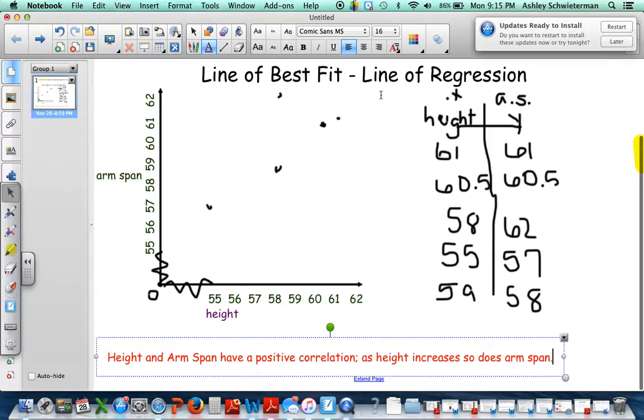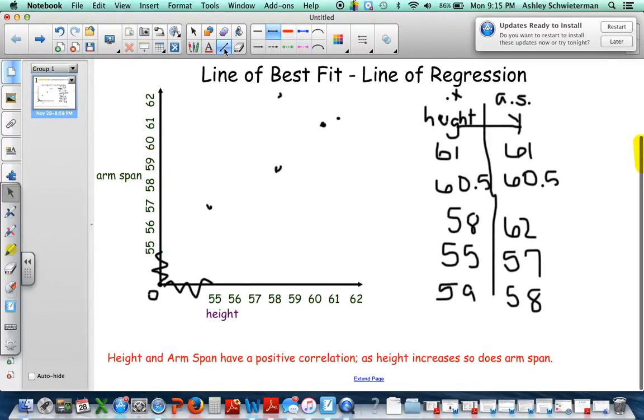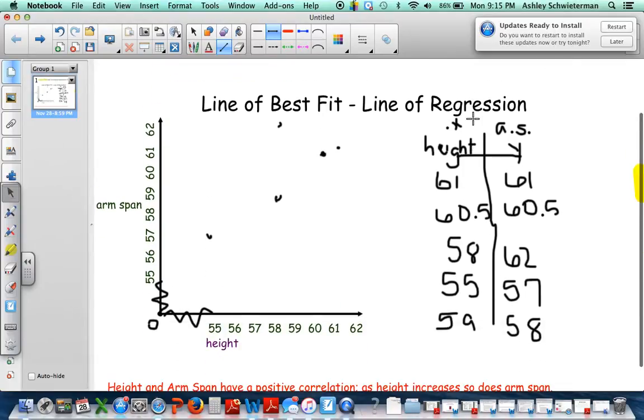So what we do is make what's called a line of best fit or line of regression by making a line that goes through as many points as possible. But if you can't get it to go through many points, it has to be balancing out the points, so an equal number above as there are below.